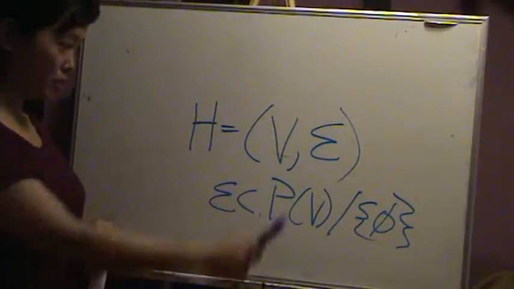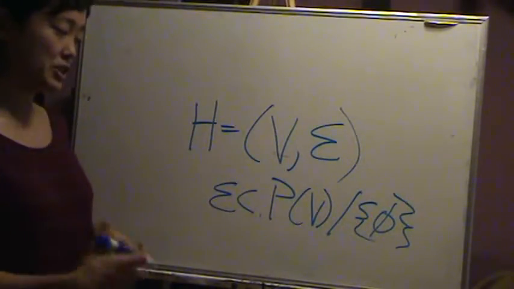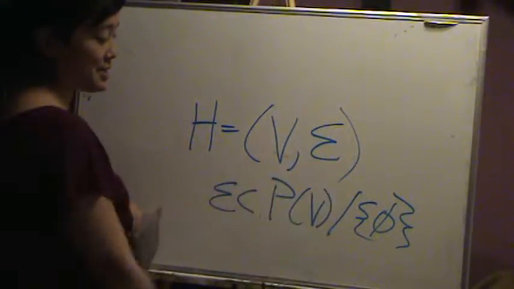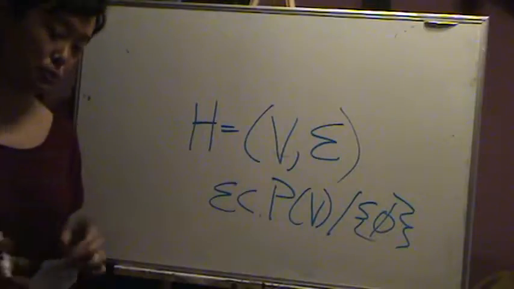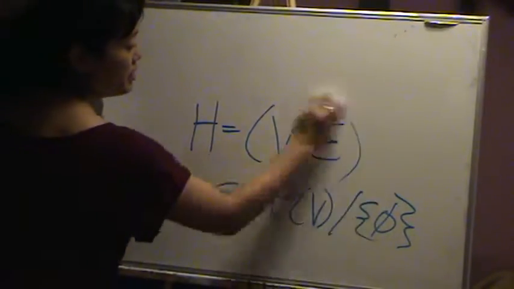And so we can see from this that a graph is a hypergraph. It's just the special case where every single edge has the cardinality 2.